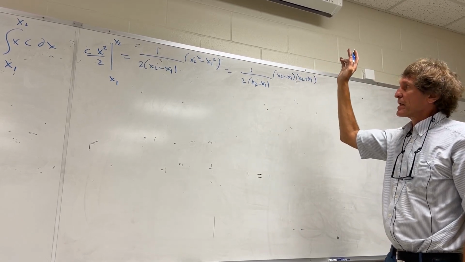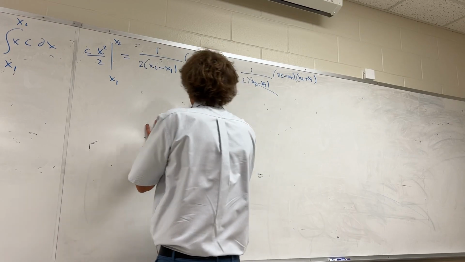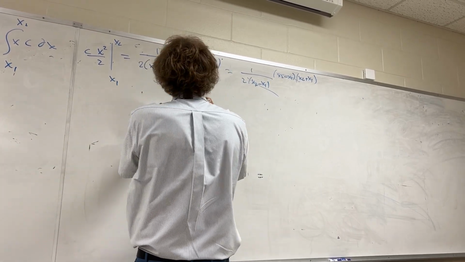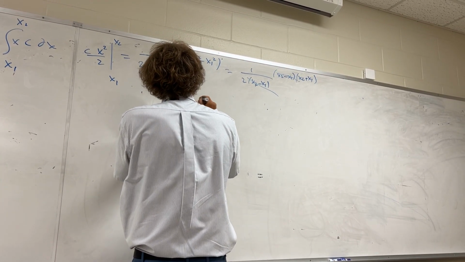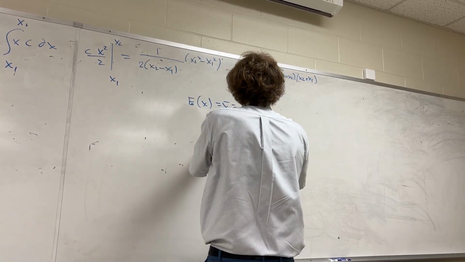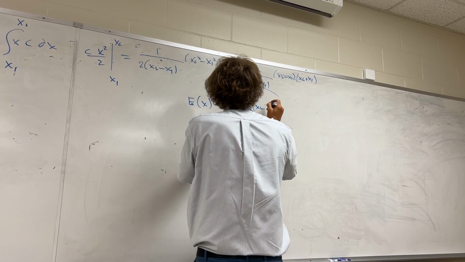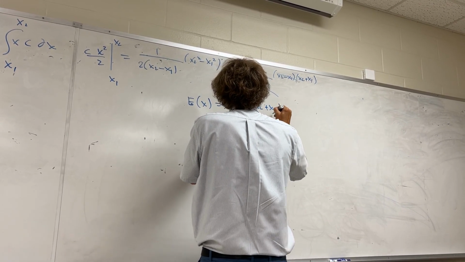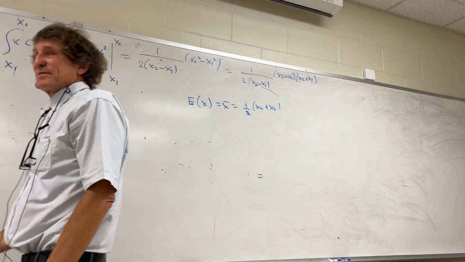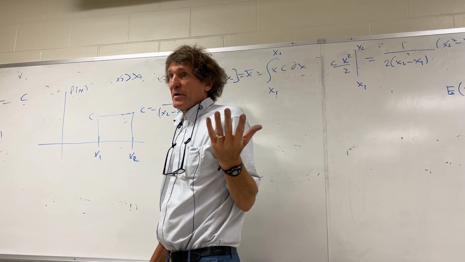It's obvious. x2 minus x1. That's right. And that means the expected value for a constant distribution, the expected value of x, is simply equal to 1/2 times x2 plus x1. Now that kind of makes sense. It's the average value of the extremes. With me on that, class?